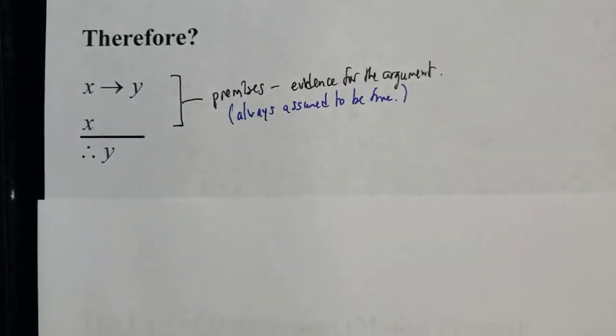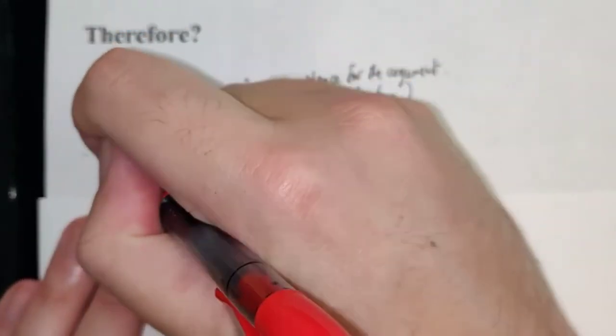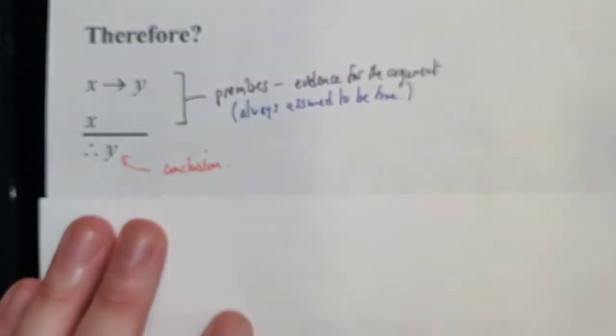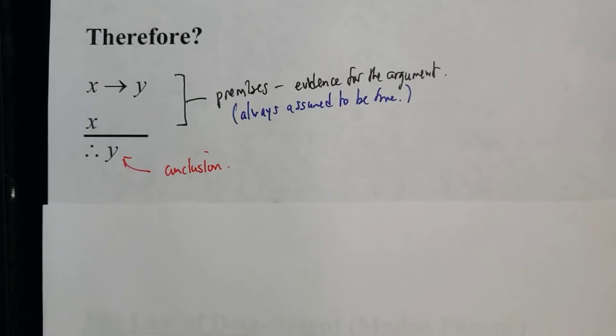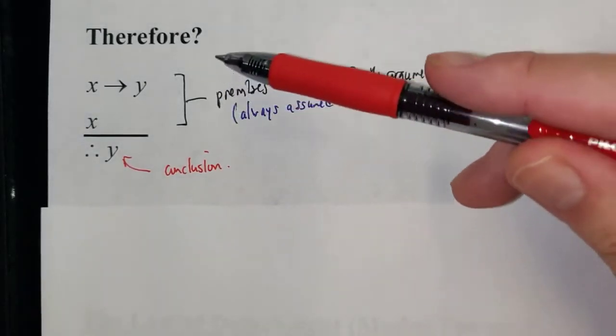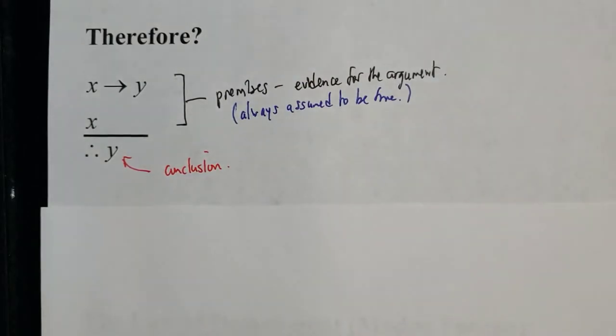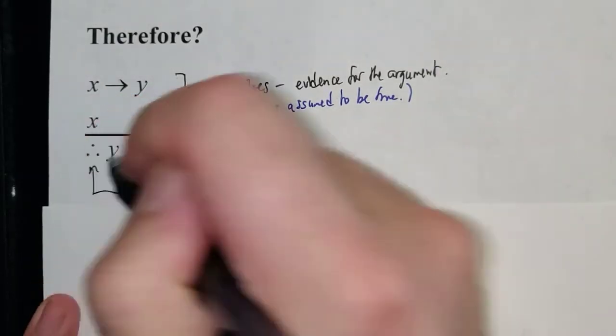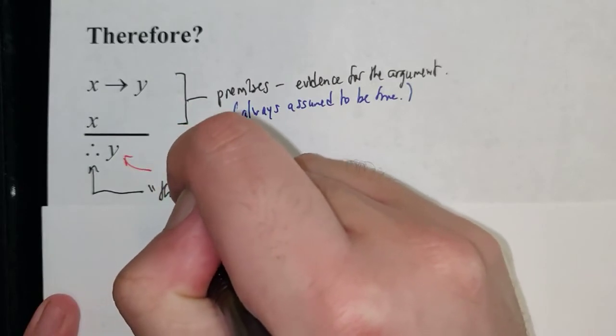And at the end, what you have on the bottom here is Y. This represents our conclusion. This is what happens as a result of our premises. We create our premises, and we have our conclusion. You can see that the bar acts as a separator between the premises and your conclusion. Now, some of you may ask, wait, there's something else we missed. This symbol over here represents the word therefore.